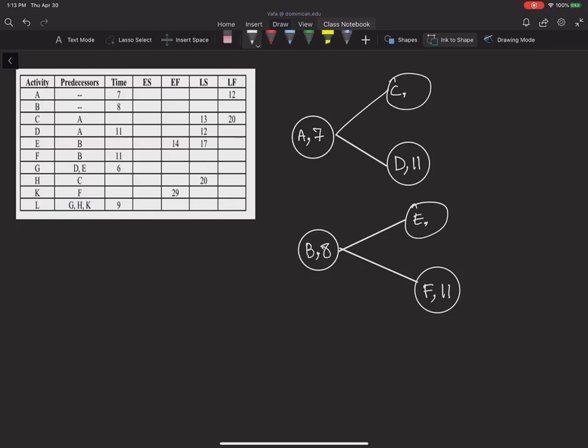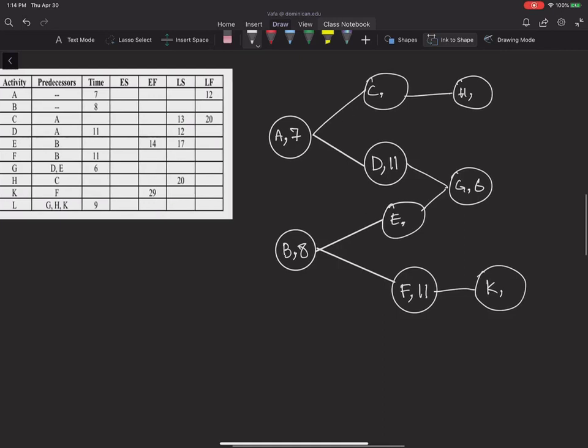Then after doing activities D and E, I can do activity G. So this is how I'm going to show it. And the duration for activity G is 6. After doing activity C, I can do H. So this is activity H, and I don't know the duration of that. And after doing activity F, I can do activity K, and I don't know the duration of that either.